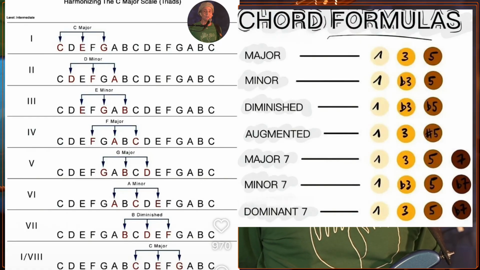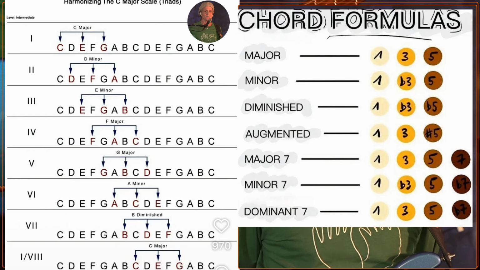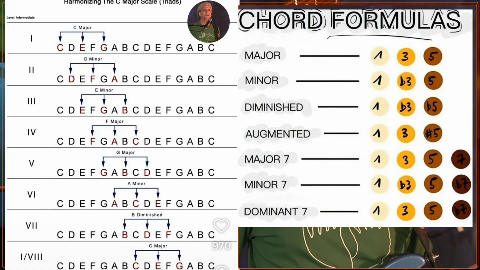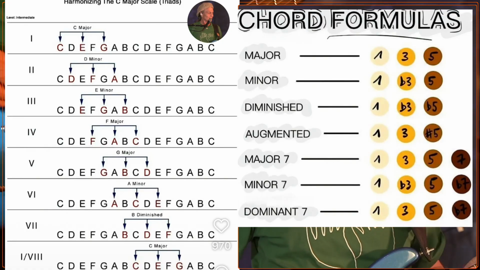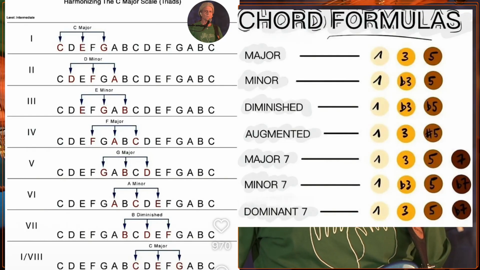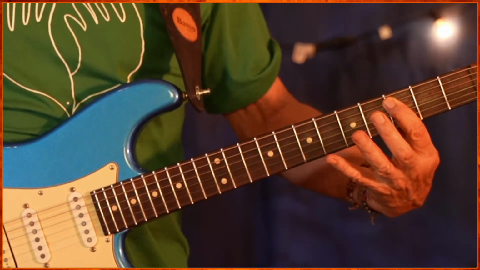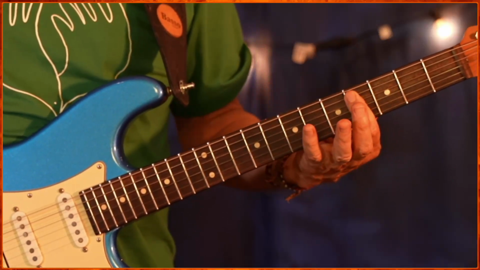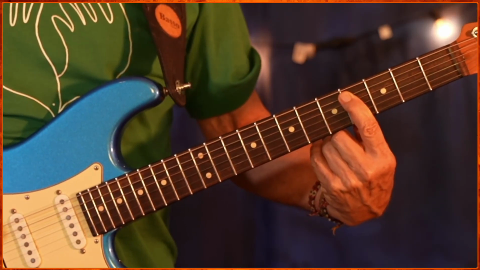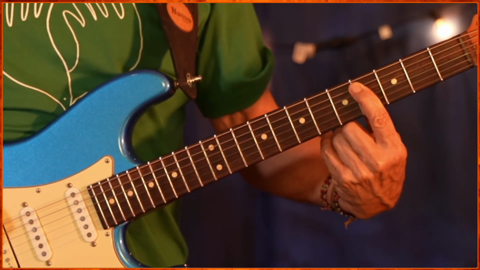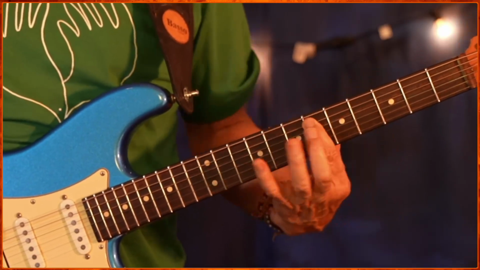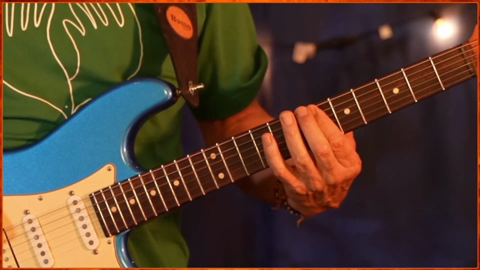So as you move up, there's a distance that makes something major or minor. Here I am on a D flat, and to get up to the major third, you have to go two whole steps. 1, 2, 3.